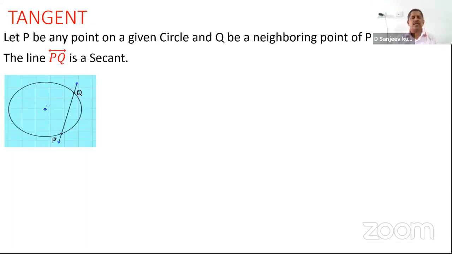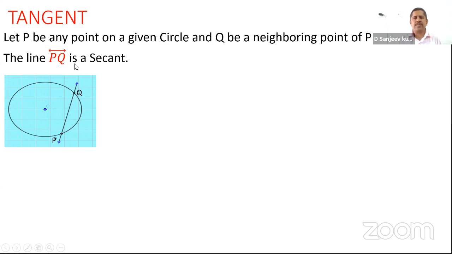So let us introduce a very, very important concept called tangent. Tangent of a circle. So what is a tangent? Before discussing tangent, let us revisit what exactly a secant is. If you take a point P, you see that there is a point P here, and Q is a neighboring point of P. It means that the point Q is near to P, right?